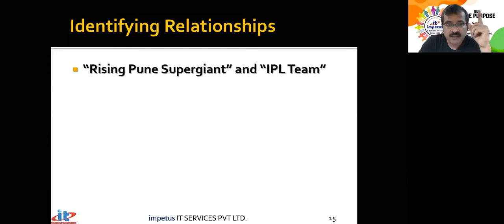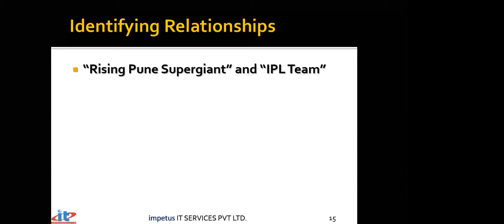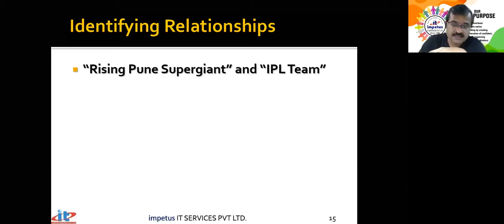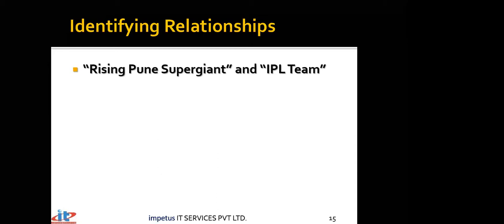One minute, you are saying first that IPL team is a class and Rising Pune Giant is an object. Yes sir. And then you are explaining that an object will not exist without a class. Means if IPL team is destroyed, if IPL team is not there, so there will be no Rising Pune Supergiant.